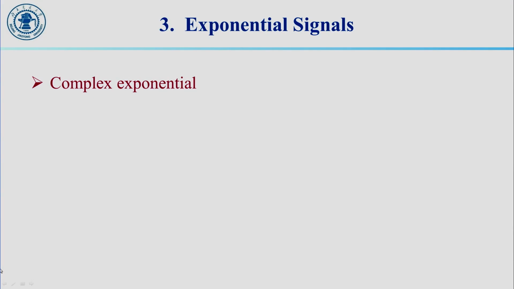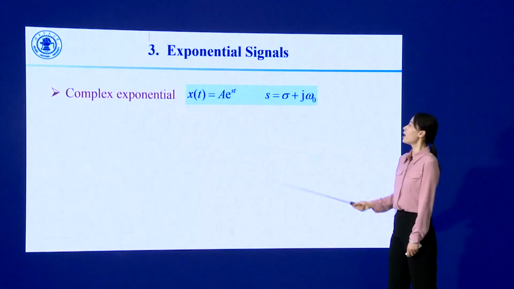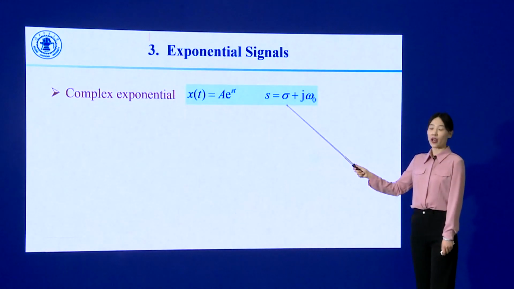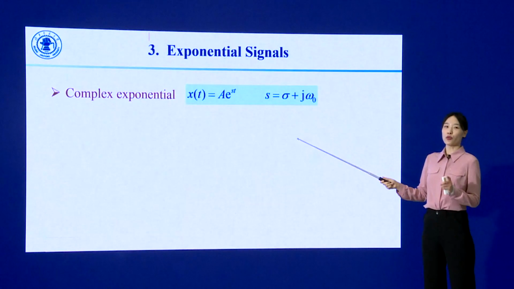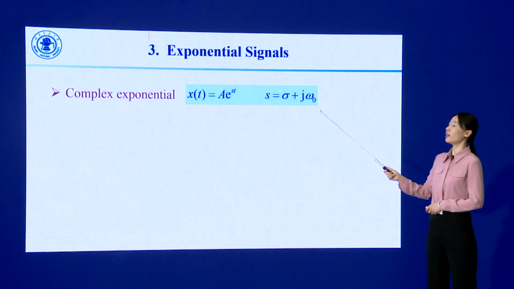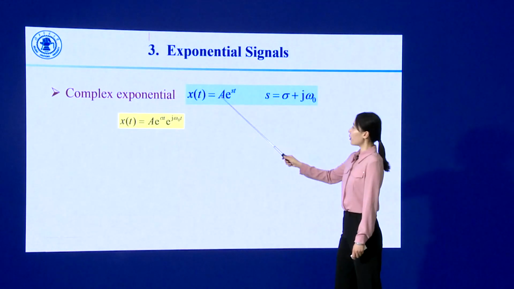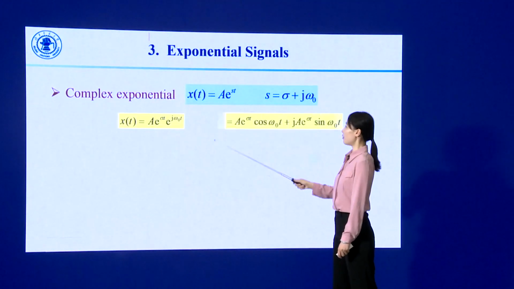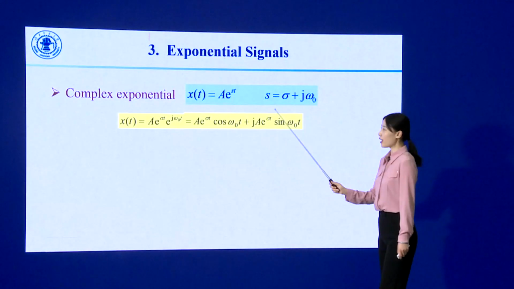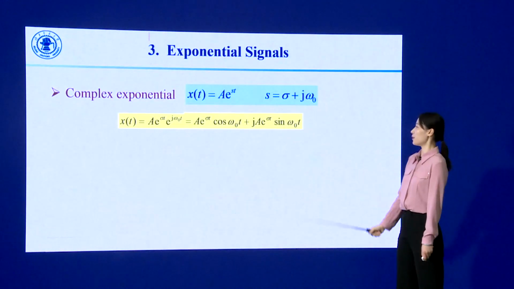The complex exponential signal can be expressed using this formula. Here s is a complex value, sigma is the real part, and omega sub 0 is the imaginary part. We can reformulate this signal as the following formula.